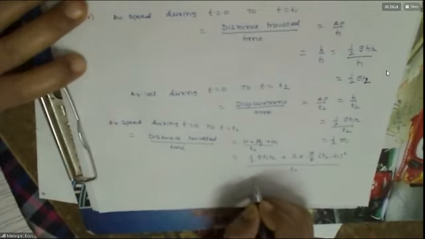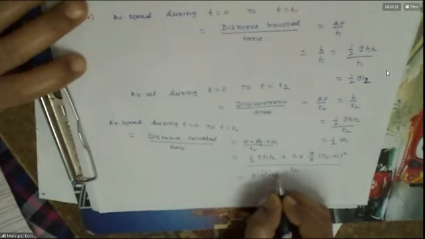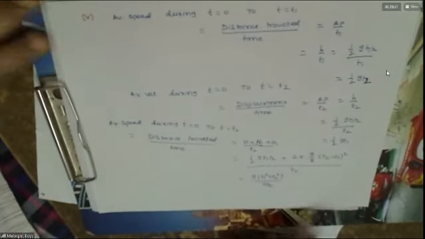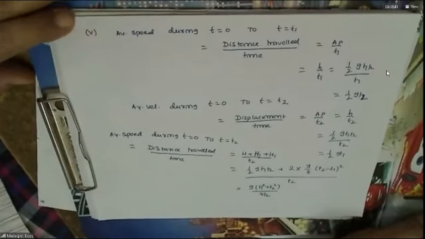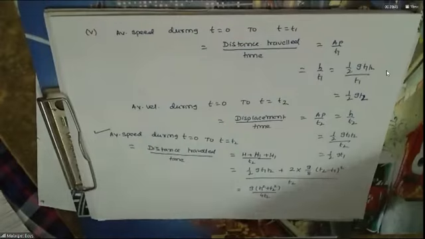So you will get g (T1 square plus T2 square) whole by 4 T2. Do you agree with this or not? Any doubt?